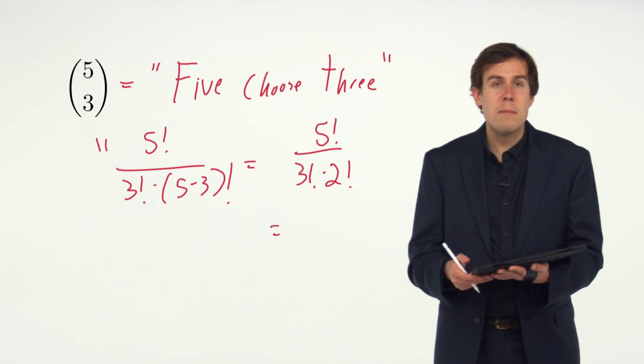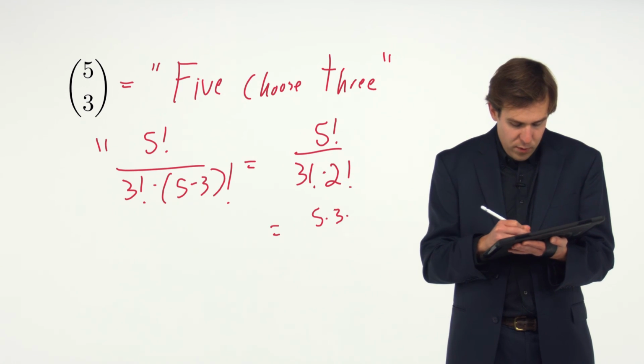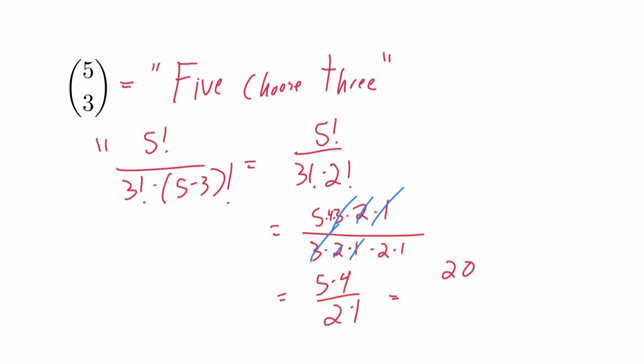Right, so let's play the same game where I cancel factors where I can. So 5 times 4 times 3 times 2 times 1 over 3 times 2 times 1 times 2 times 1. So what cancels? 3 times 2 times 1. So I just end up with 5 times 4 divided by 2 times 1. So 20 divided by 2. So just 10.